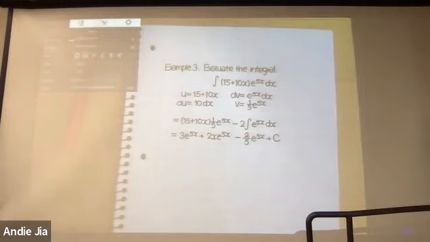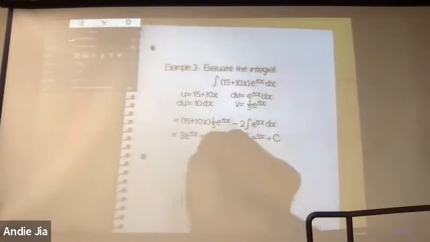Okay, then let's try more, like natural log integration by parts.